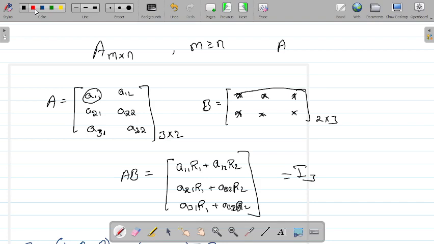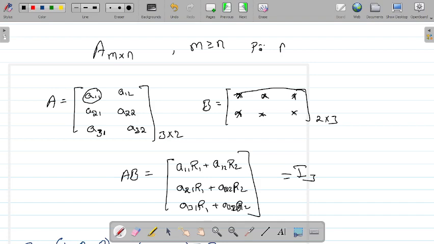Okay, let me give two statements. The statement P says that A can have a left inverse, and Q, A can have a right inverse.